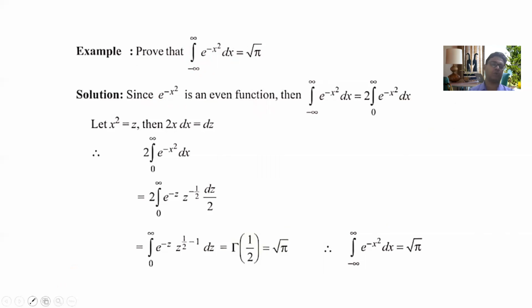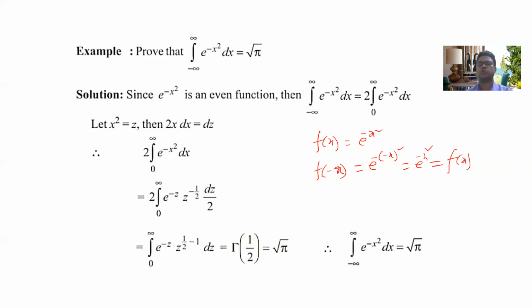You already know from the definition of an even function that if I consider f(x) equals e to the power minus x square, then f of minus x is equal to e to the power minus of minus x whole square, which is equal to e to the power minus x square, which is f of x. So that means your function is an even function.